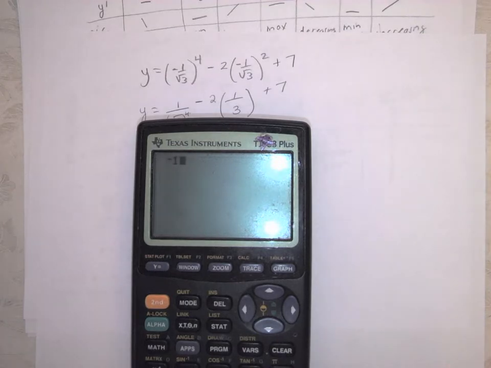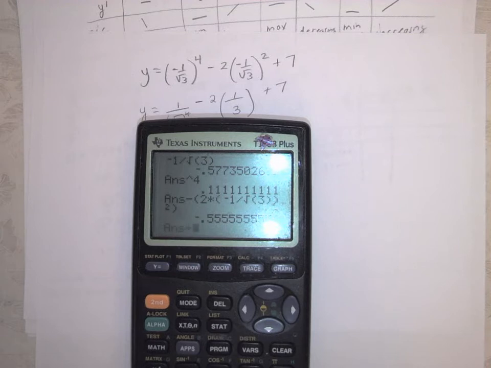So -1 divided by the square root of 3 to the power of 4, minus 2 times -1 over the square root of 3 squared, plus 7.